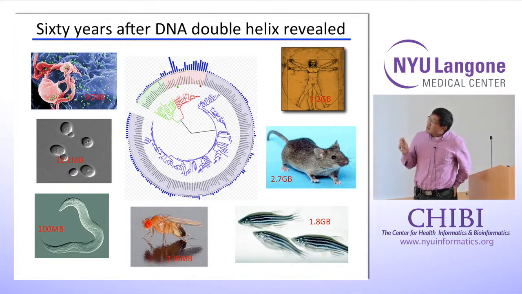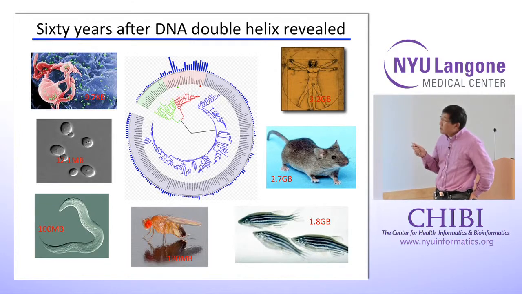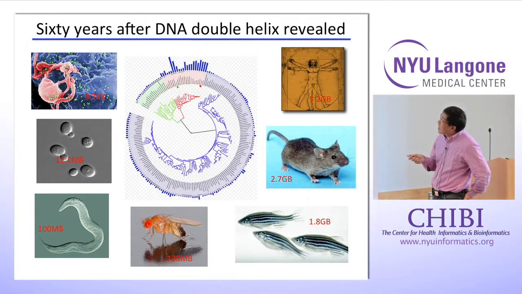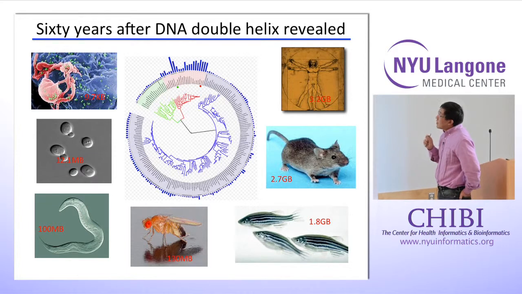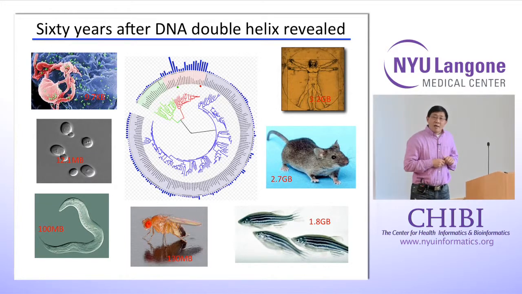Here, one important message is that as the system becomes more and more complicated, you can see the genome size has increased. But there's one important message you should keep in mind.